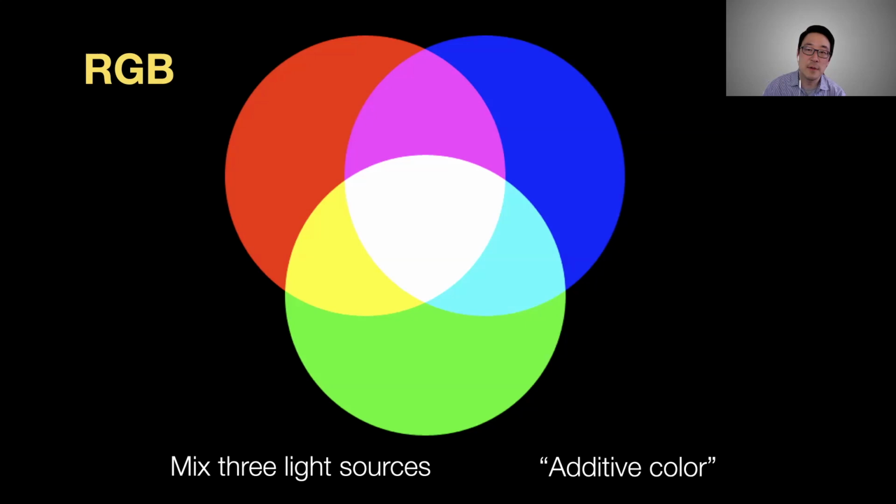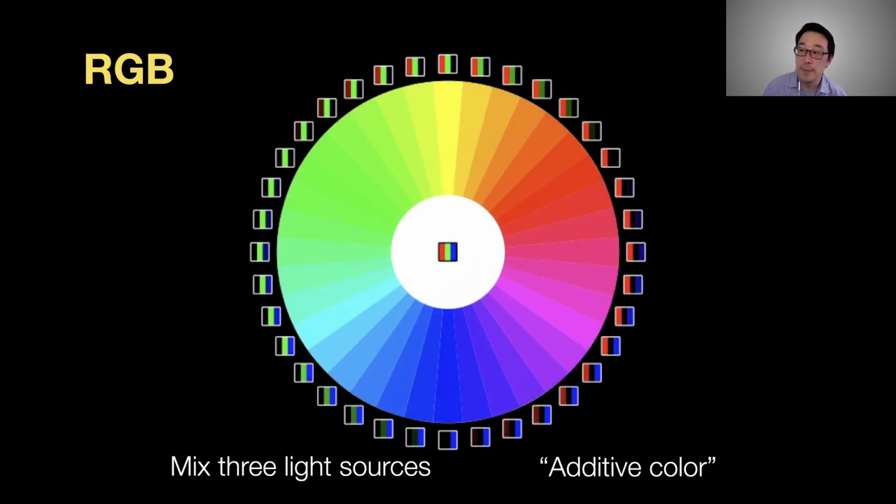So we mix these three different light sources, and this is what we would call additive color. Additive color in that we start basically with black. If everything is zero, we're at black, and then as we start adding in more and more of each of the fundamental colors, red, green, and blue, they add together to form the different colors in the spectrum.